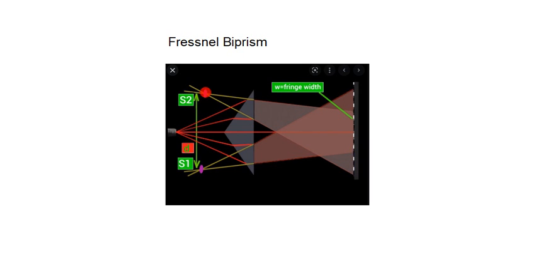So S1 and S2, these are the two virtual sources because light appears to be coming from these two sources S1 and S2. So S1 and S2 are the two virtual sources derived from the same original source and therefore they act as the coherent sources.